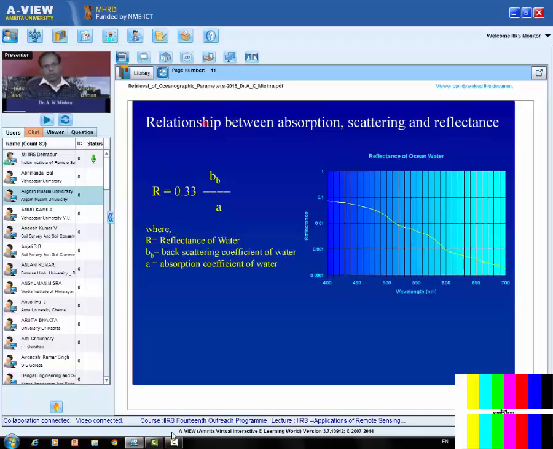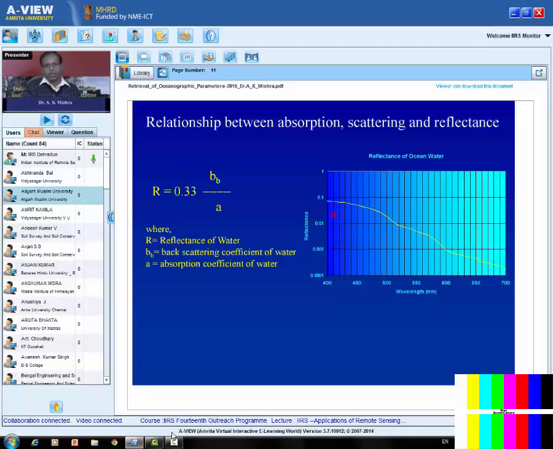Now investigators have drawn a relationship between absorption, scattering and the reflectance of the water. Reflectance is related to the scattering coefficient and absorption ratio by a constant, that is R equals 0.33 times bb by a. R represents the reflectance of the water, bb represents the backscattering coefficient of the water, and a represents the absorption coefficient of the water. The reflectance curve is drawn here.